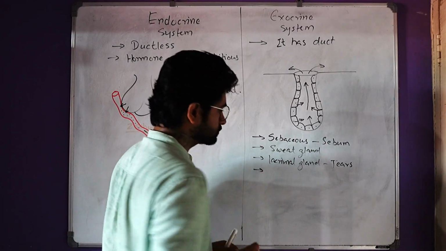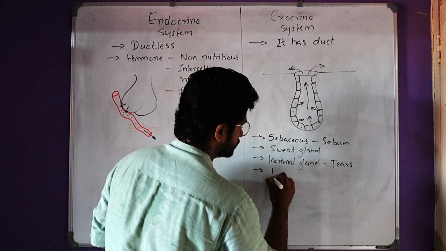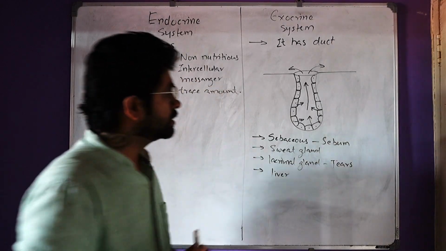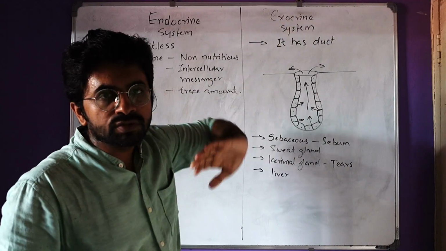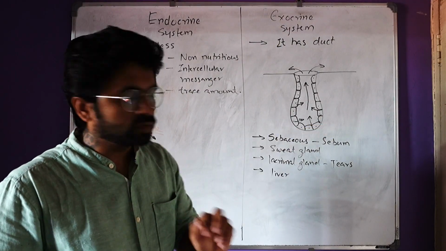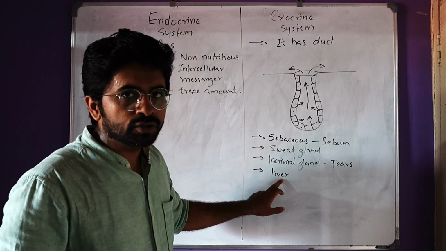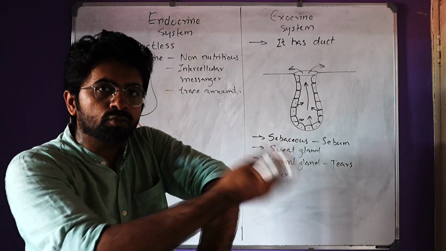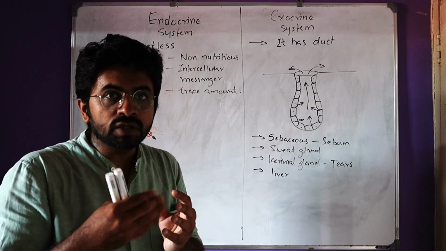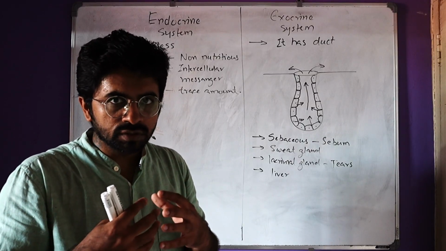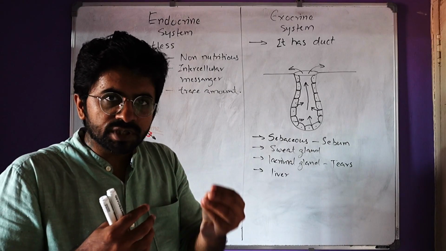Then there is liver. Now see, when we say exo, it does not necessarily mean outside the body, because liver is not secreting anything outside the body or on the skin surface. It is secreting its secretion outside the organ. Liver is an organ.